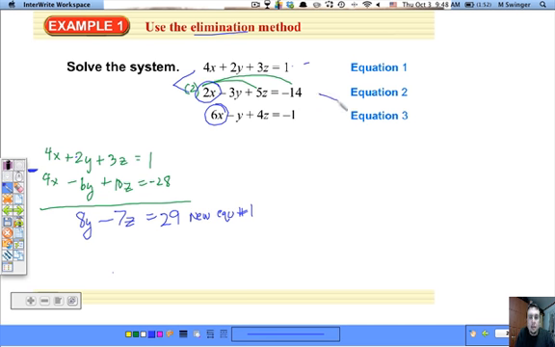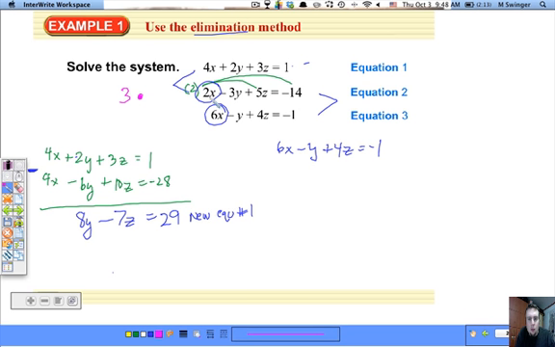Okay, so I'm going to take the second and the third equation and rewrite them down here. Actually, I'm going to take this one and just rewrite it. 6x minus y plus 4z equals negative 1. I'm going to take this one and multiply it by 3 so that I can get 6x right here.